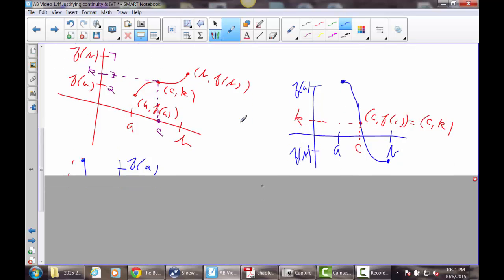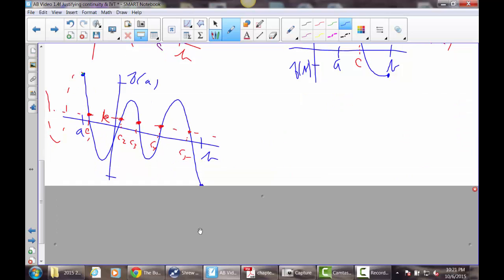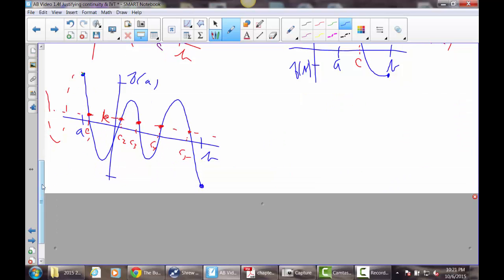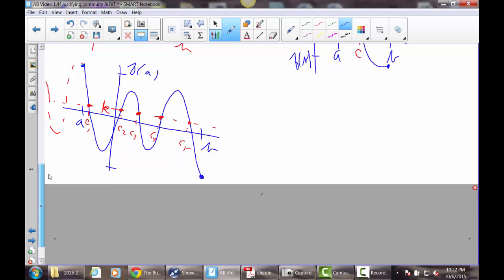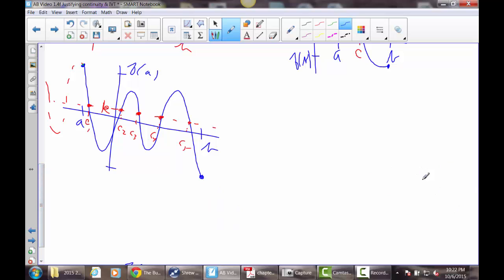Okay? Now, you'll notice that the theorem says there is at least one number c for which this is true, and that could be a situation like this, where you start off at this height, let's pretend f of a is 7, and you have this continuous function that you travel along, and you stop at this filled-in dot, and let's say f of b is negative 3.